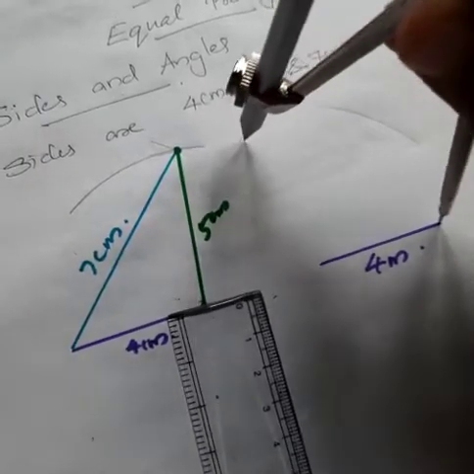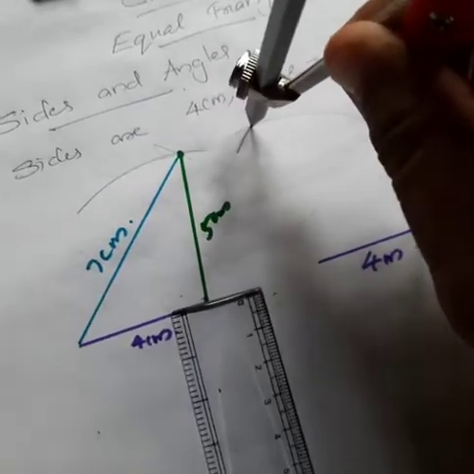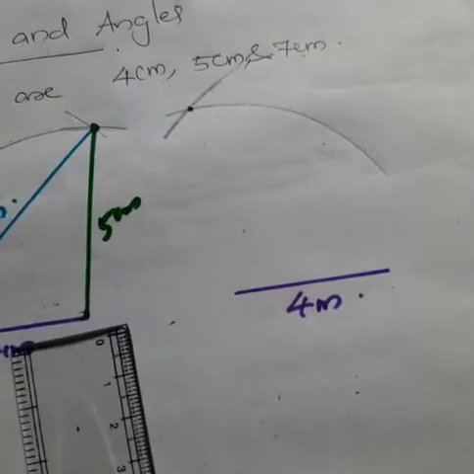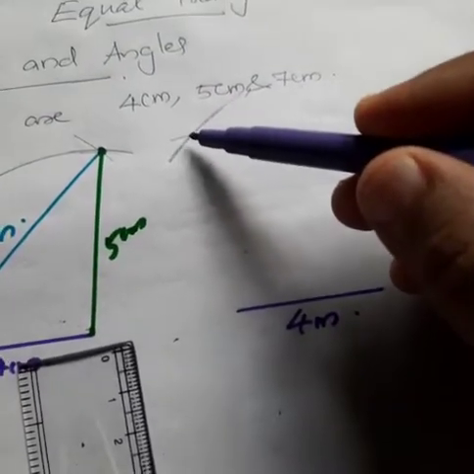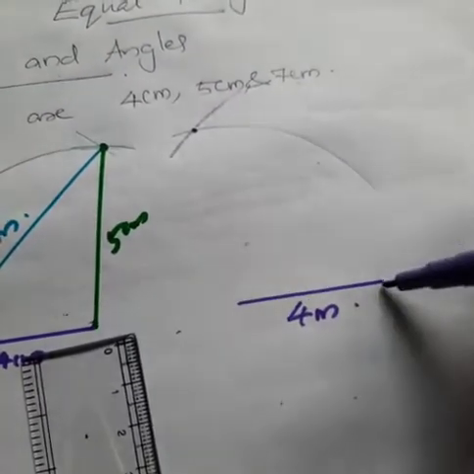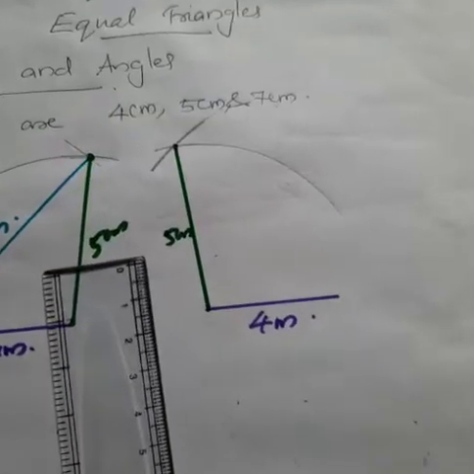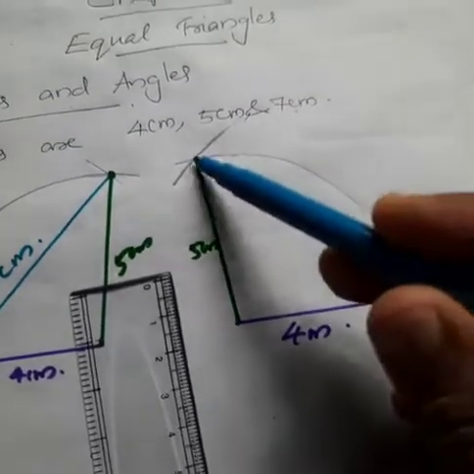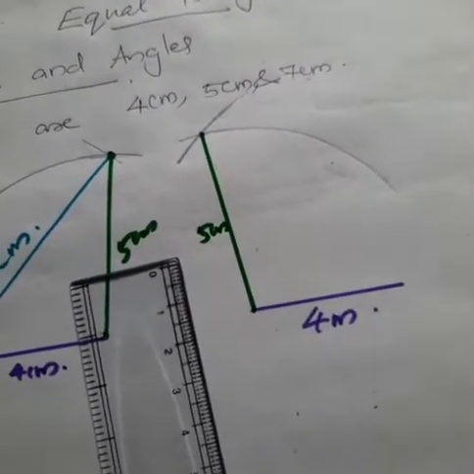Draw from this side. So these 2 arcs should be joined at this point. Both the arcs will join at this point. And from this point you have to draw 2 lines and complete the triangle. 5 cm you have to draw from this side, and 7 cm you have to draw this side.